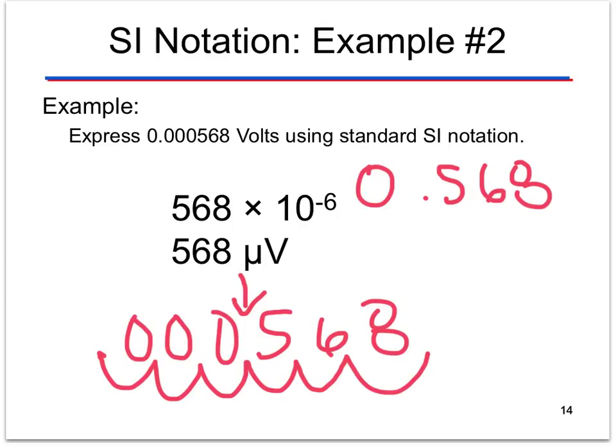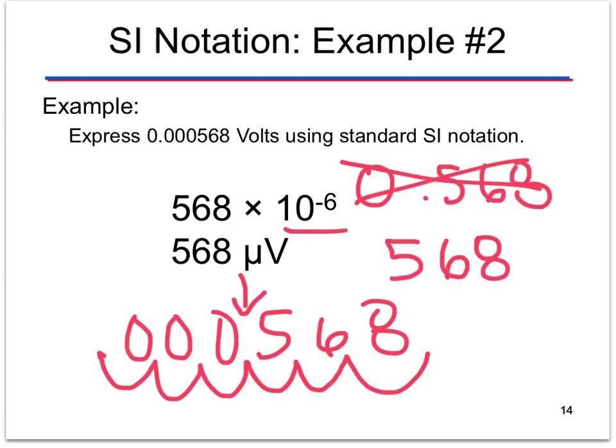All right. It's got to be a whole number. Okay, it's got to have a whole number involved with it. So that is going to be incorrect. So it's going to be 5, 6, 8. All right. I moved it 6 places to the right, so I know it's going to be negative 6. All right. But negative 6 is expressed in micro, which is like that little U symbol. And we're talking about volts.